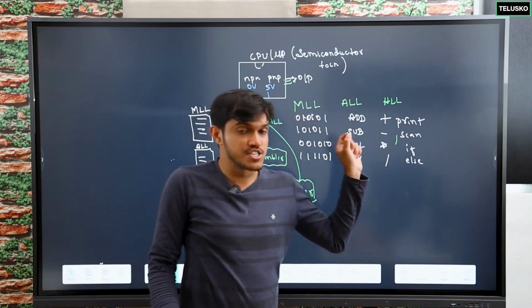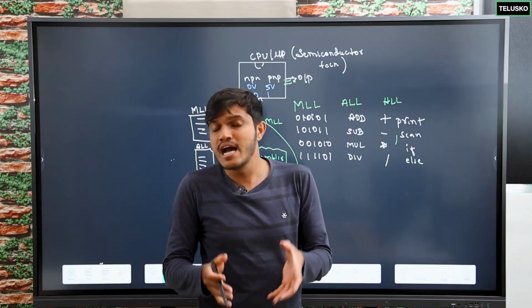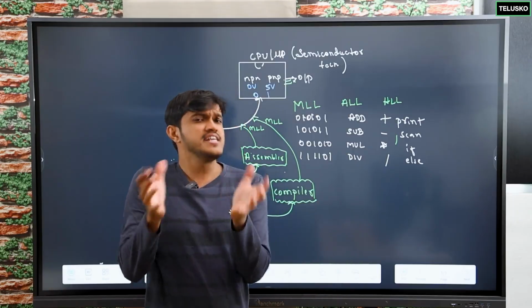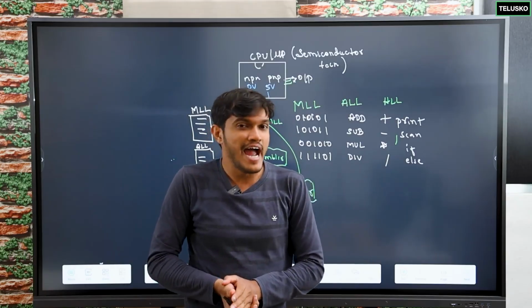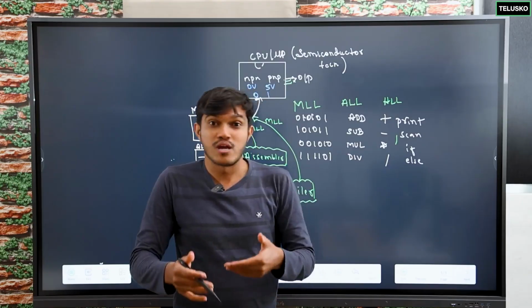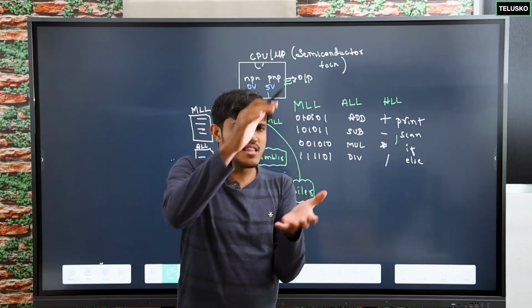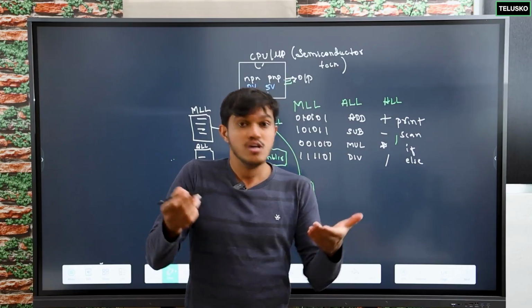From then, almost from 1960s, even today, to write the programs, we are using English-like commands and symbols, which is quite easy when you compare with the mnemonics, assembly level language and machine level language. All the programming languages come under this radar only, be it C, C++, Java, which we are going to learn.